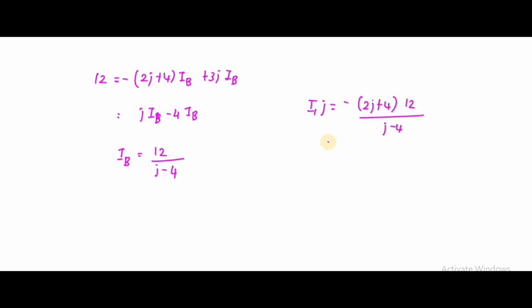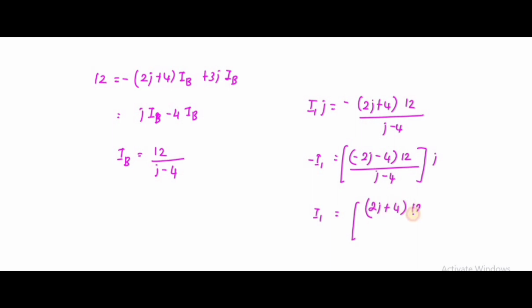Okay, so if I multiply the whole term by J, I will get I1 is equal to (2J plus 4) all divided by (J minus 4) into J.